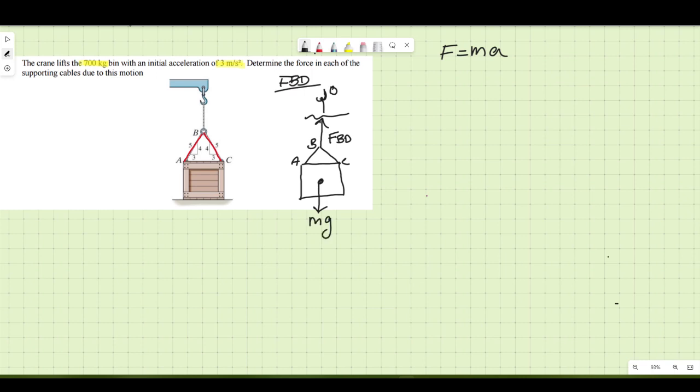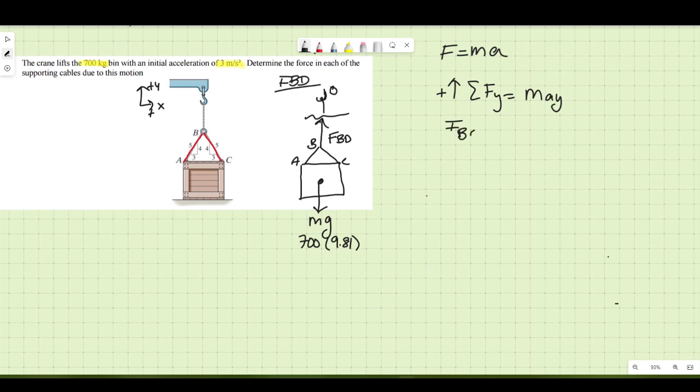Since our mass is 700 kilograms, it'll be 700 kilograms times 9.81, since we're in metric and not US units. So we'll start off with the summation in the y. We're going to call upward positive y and to the right positive x. So summation of forces in the y is going to equal mass times acceleration in the y.